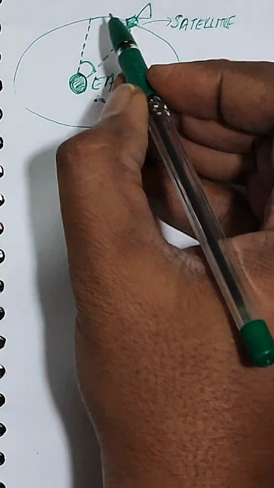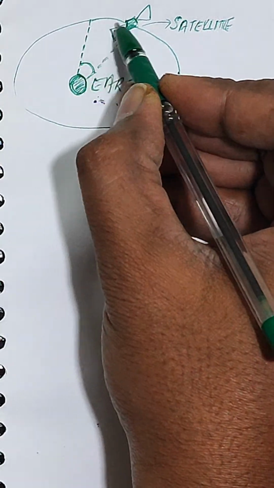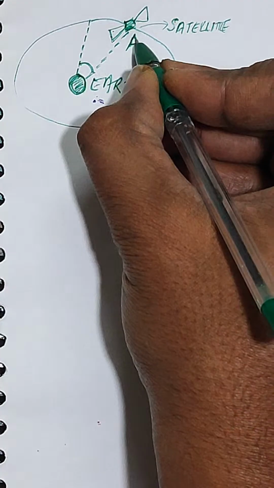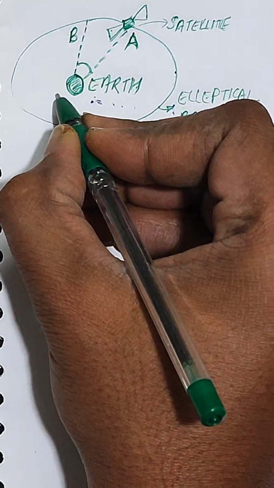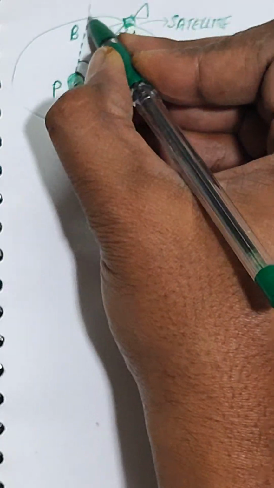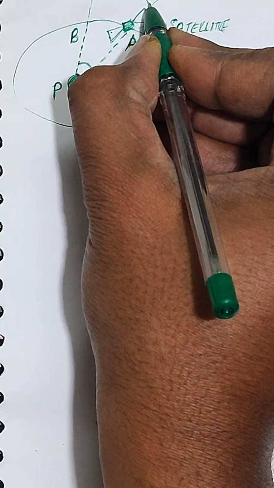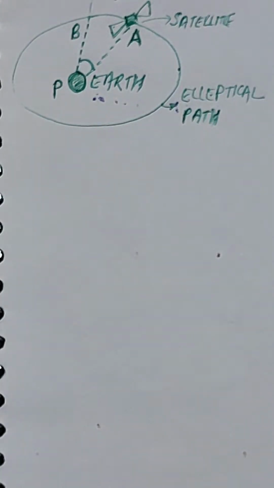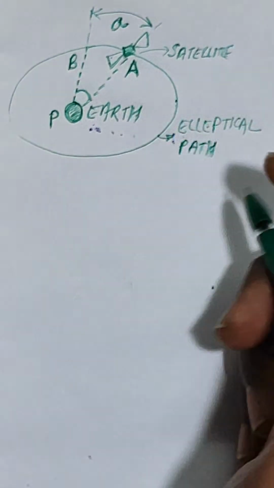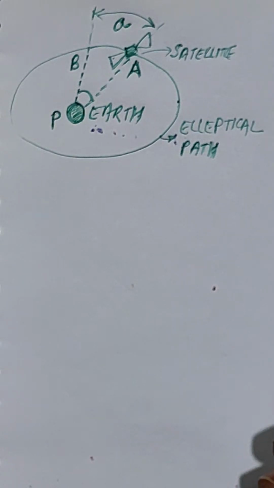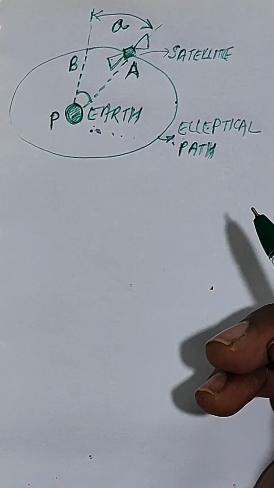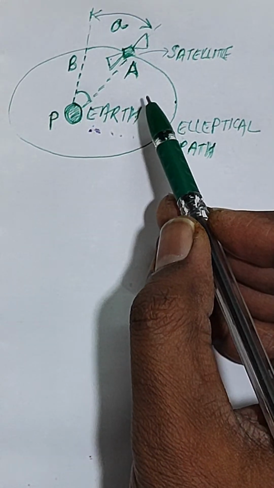Let the satellite cover from position A to position B, and the arc length is A. So in this question, it has been asked that if the arc length is A and the position of the satellite changes from A to B, then the rate of change of arc A swept by the line joining Earth and satellite.